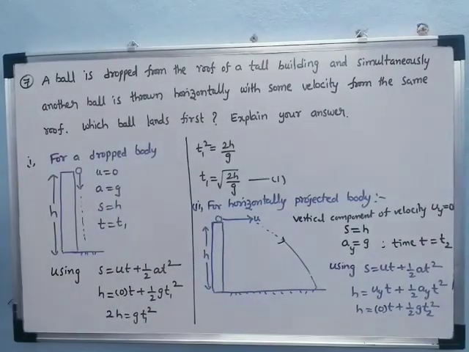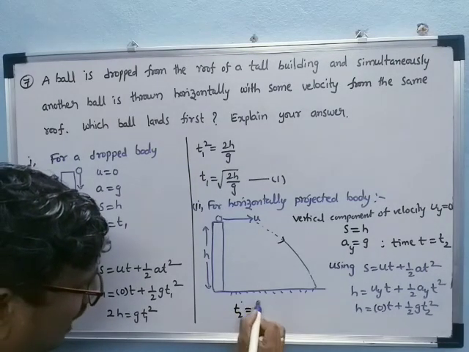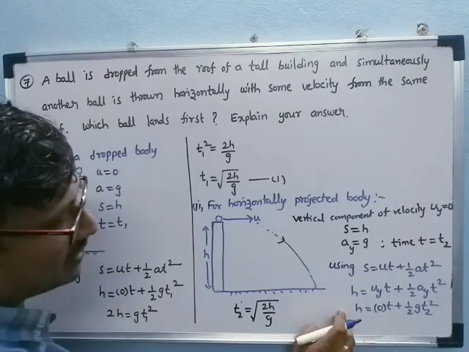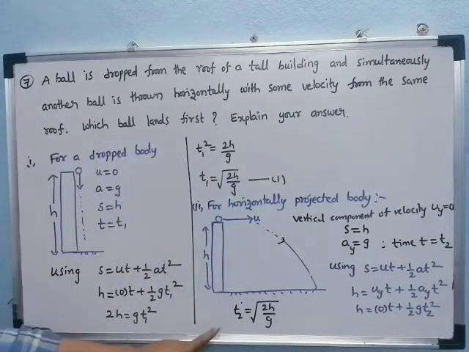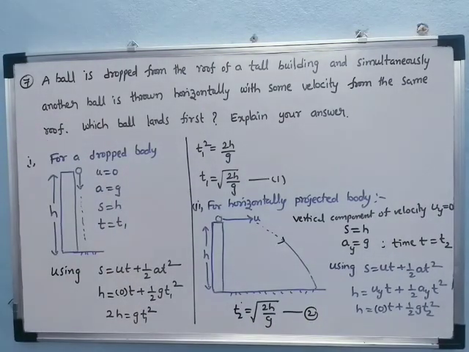Taking the cross multiplication and g to the denominator, finally t2 is equal to under root of 2h by g.